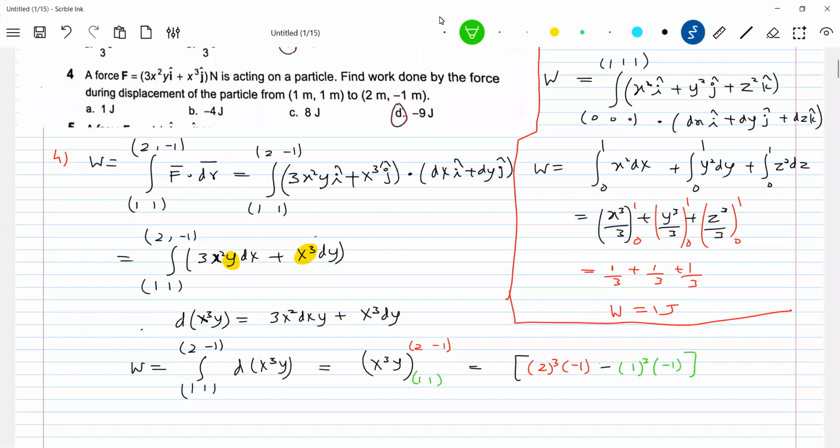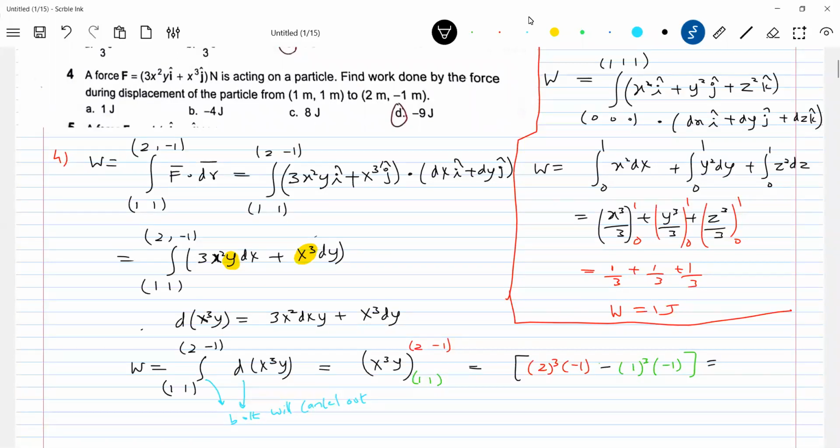Okay, the derivative and integral will cancel out. So finally, how much are we getting?